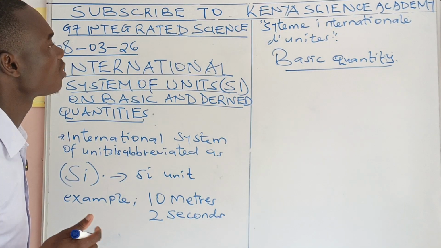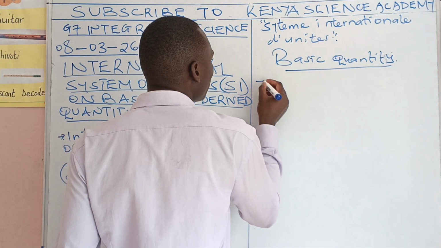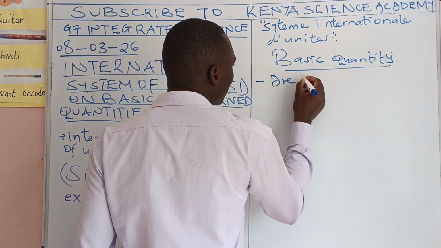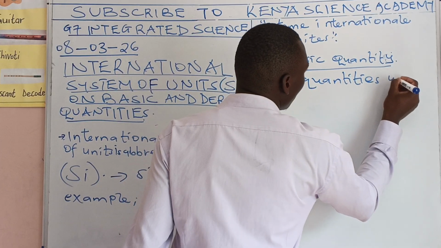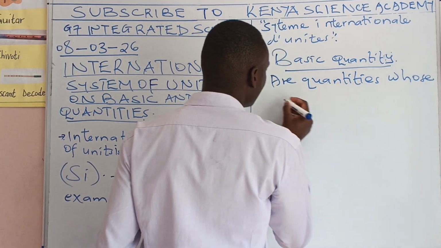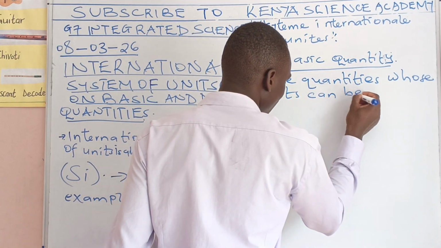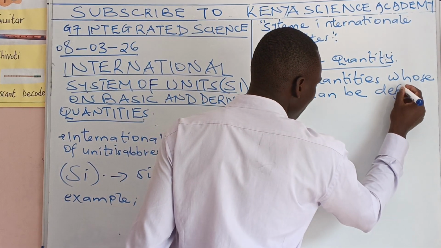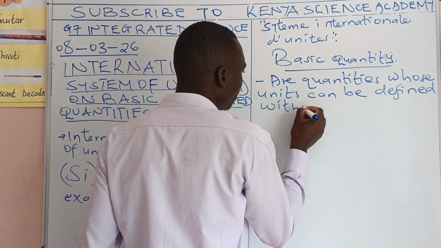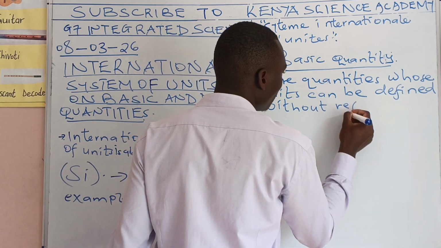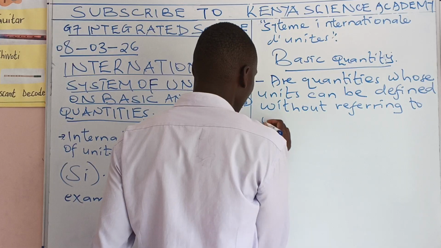So we have 2 categories of quantities. We have basic quantities. Now these are quantities whose units can be defined without referring to other measurements.